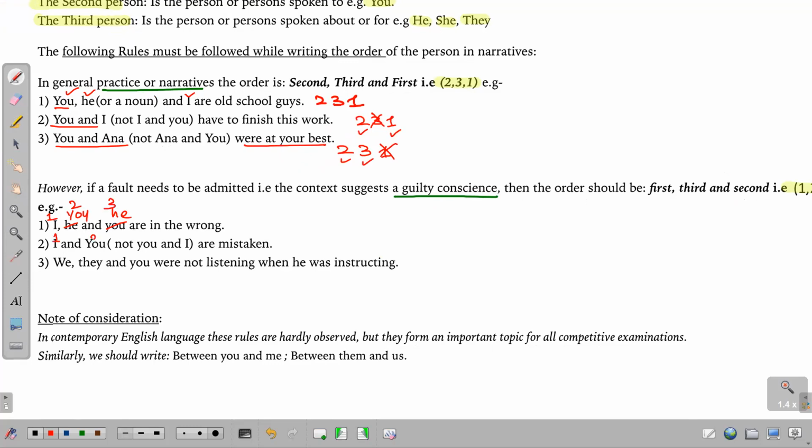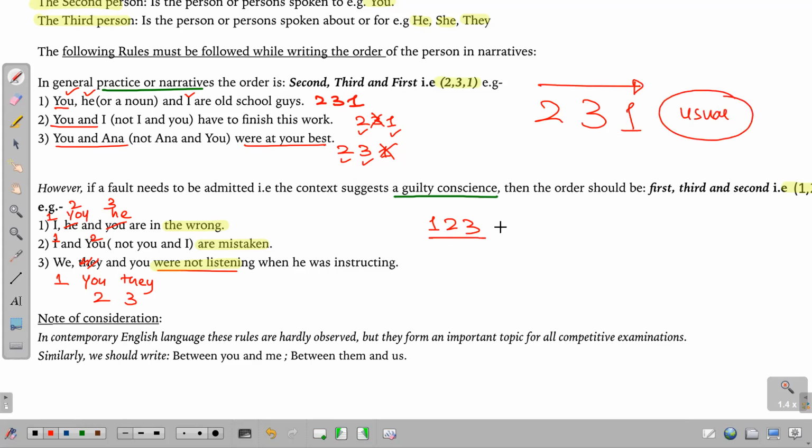I and you, 1 and 2. Sorry, I created a typo: "We, you, and he." So 1 2 and 3. Whenever you're pointing out a mistake, you're wrong, you're mistaken, then the order is 1 2 3. So a quick way to remember this is 2 3 1 for the normal, usual order, and then 1 2 3 only for mistakes or guilt.